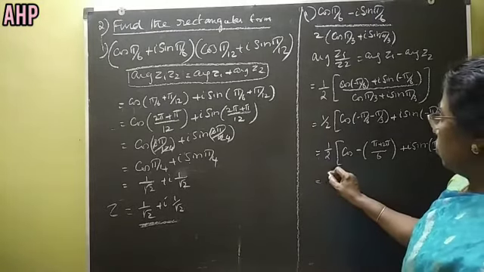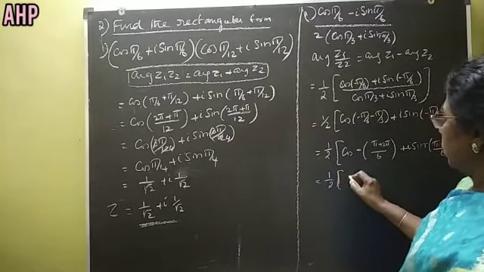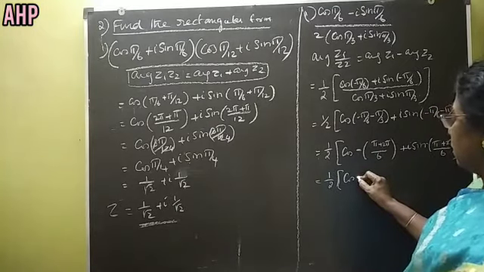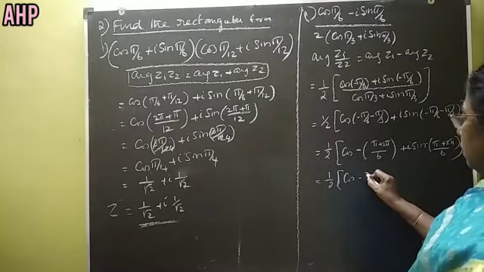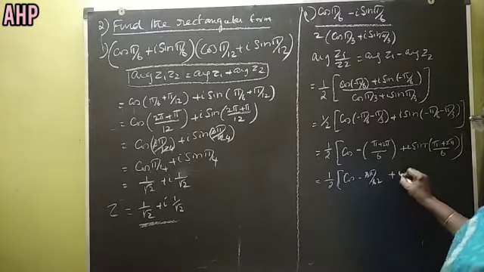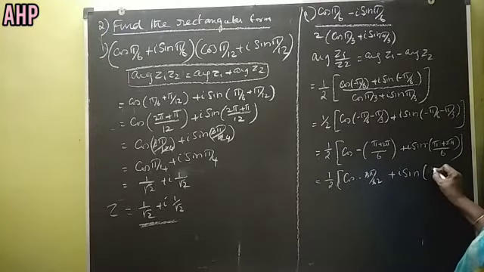This is equal to 1 by 2 into cos of minus 3 pi by 6, which is pi by 2, plus i sin of minus 3 pi by 6.